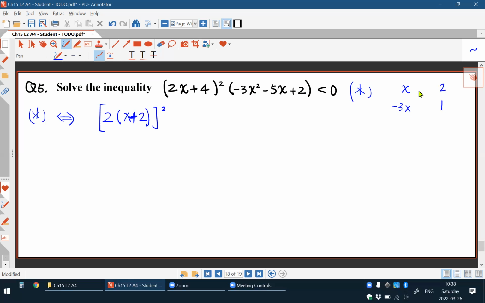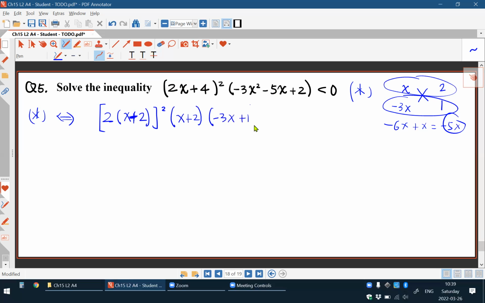In this way, by cross multiplication, remember that we need to do some trial and error. So this is -6x plus x, which is -5x, the term in the middle. That means the factoring here is correct. So the second part can be factored to x plus 2, then -3x plus 1, right?